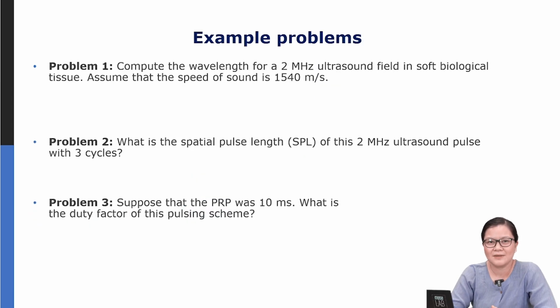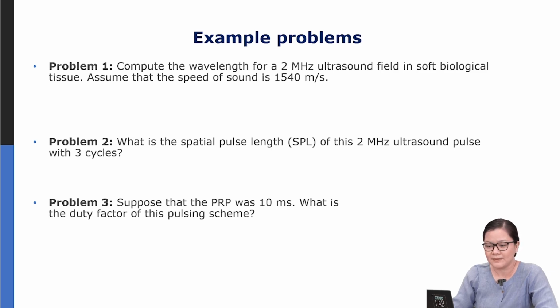Now let's look at some example problems that use these parameters. So here I have three problems. The first problem is to compute the wavelength of a 2 megahertz ultrasound field in soft biological tissue. In soft biological tissues, we assume that the speed of sound is 1540 meters per second.